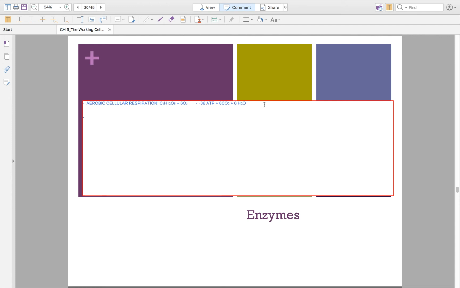You should know that. Now, the next one that I'm going to teach you is photosynthesis. These two reactions are what make the world go round. Photosynthesis is as follows. This is happening in plants, remember, and specifically inside of the chloroplast.